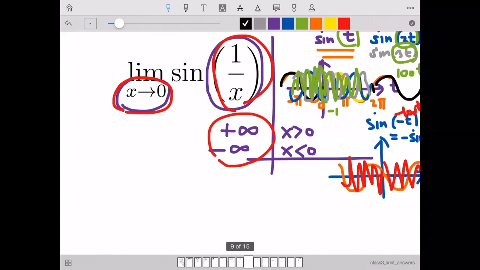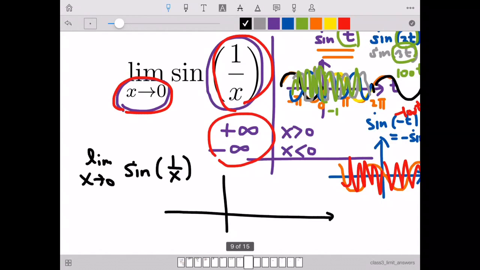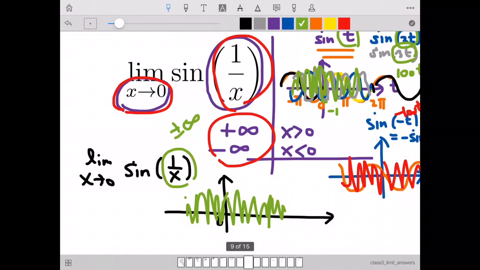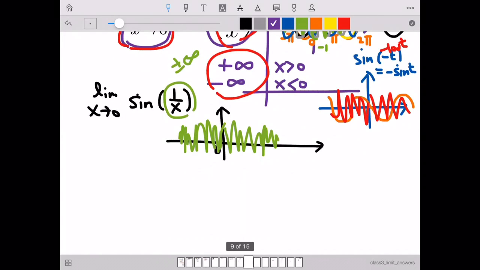So if I look at the graph of sine of 1 over x as x approaches 0, then it will be like this. So near 0, this is very, very big, plus or minus infinity, and I will see this infinite frequency. So the graph does not approach a single number.